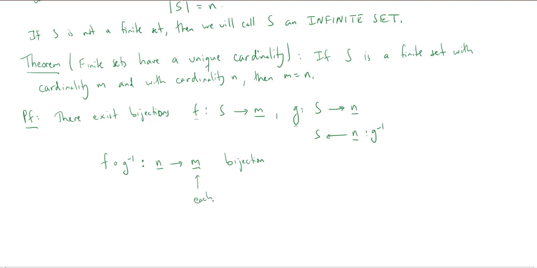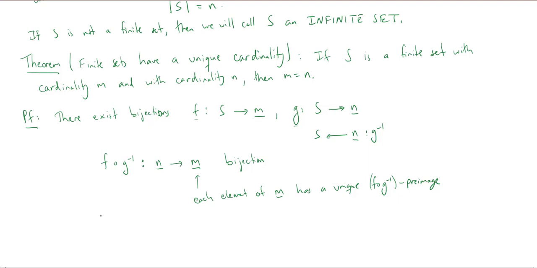So each element of M has a unique F composed G inverse preimage, meaning there's a unique number in the set N which maps to that M. Okay, since there are M elements and each element has a unique preimage, that means that we are getting M preimages.